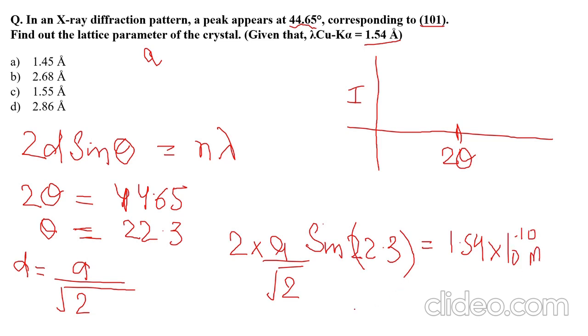So can you find the value of A? What is the value of A? Or you can put it in angstroms, so that you can get the value of A also in angstroms.